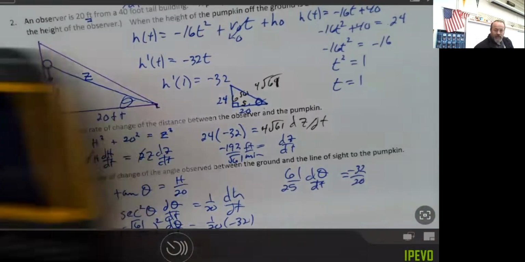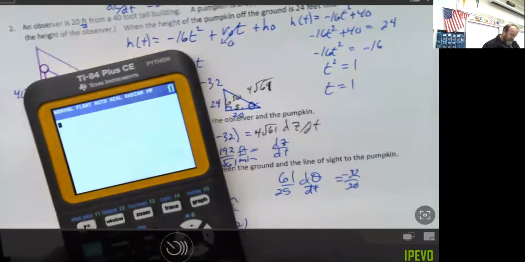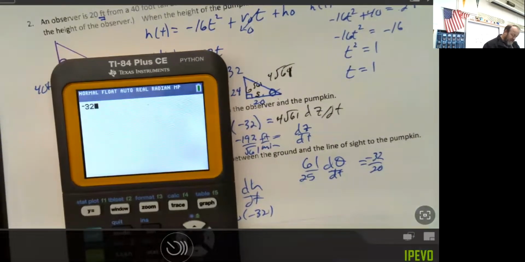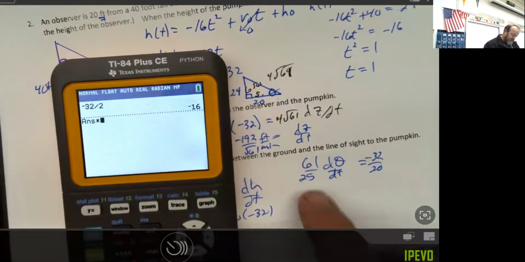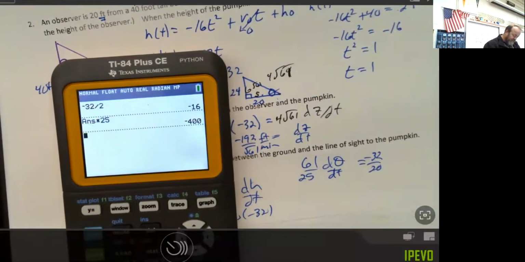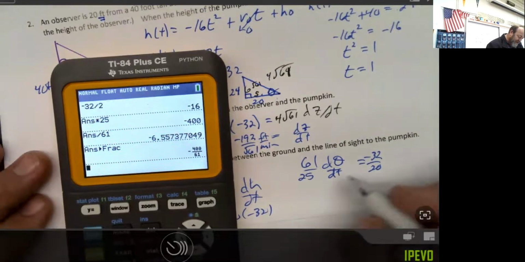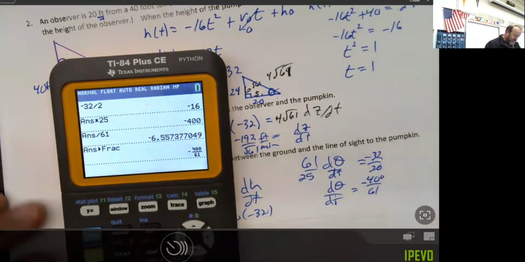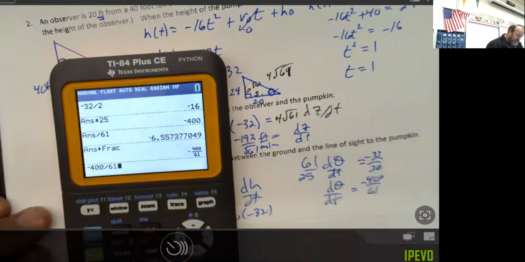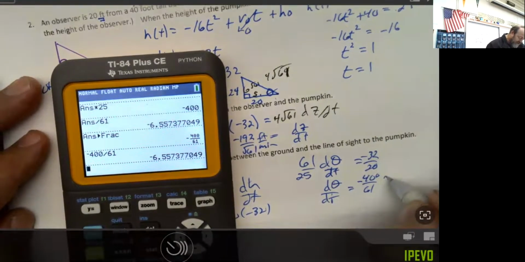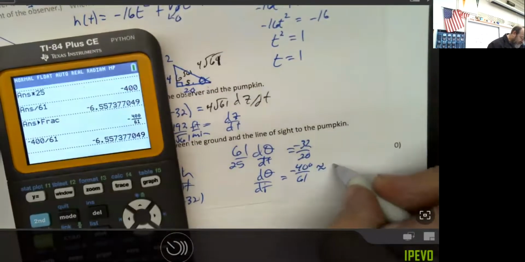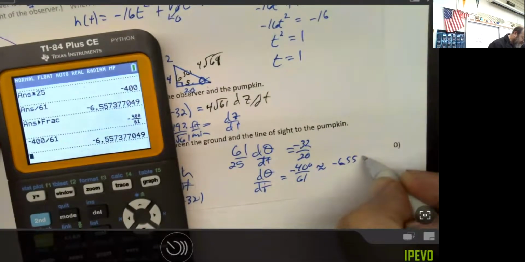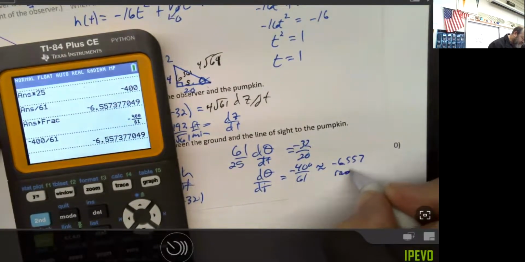I'm going to be a little bit lazy and use my calculator to make this work out. I got negative 32 over 20. I'm going to multiply both sides by 25. I'm going to divide by 61, which is a prime number, so that was kind of silly, but I got d theta dt is negative 400 over 61, which is approximately negative 6.557, and this is in radians per minute.